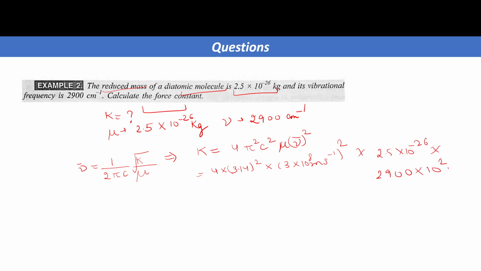We can simply multiply by 100, that is 10 raised to power 2. After solving it, the value will be 7476.4 Nm inverse. This is the value of K.